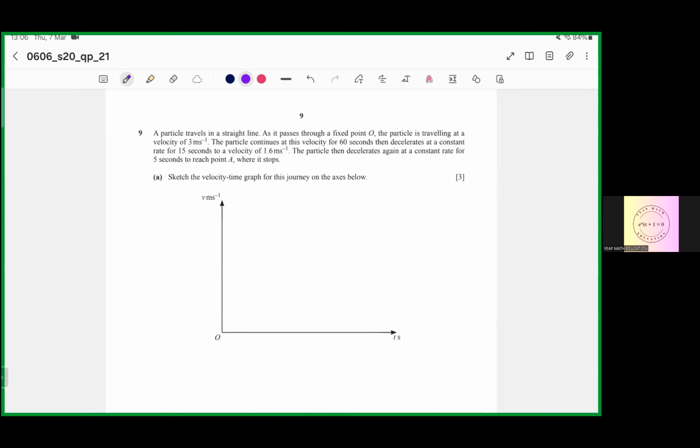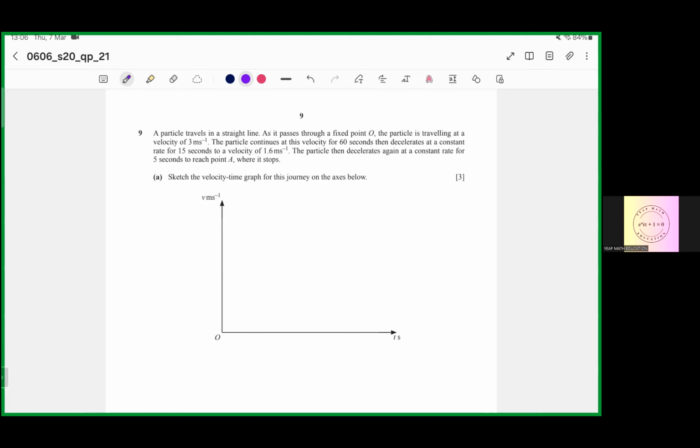The particle continues at this velocity for 16 seconds, then decelerates at a constant rate for 50 seconds to a velocity of 1.6 meters per second. The particle then decelerates again at a constant rate for 5 seconds to reach point A, where it stops. Sketch the velocity-time graph for this journey on the axis below.